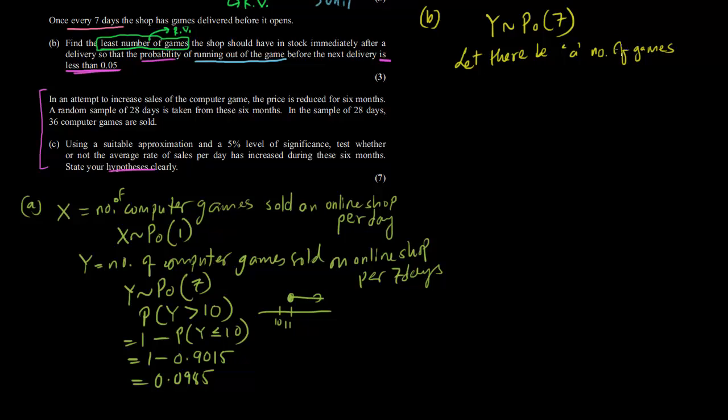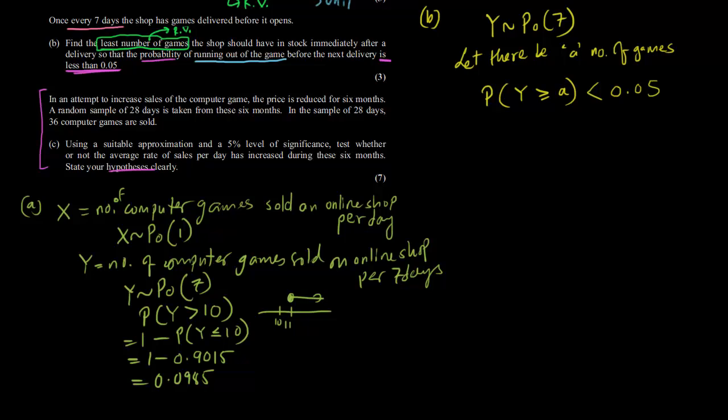At least means greater than or equal to, otherwise they will run out. So the probability that they would not run out, meaning the probability of Y is greater than or equal to a, that probability is usually equal to some value, but this time it is less than some value. So that probability itself is less than 0.05. Now that's a bit strange. Probability and inequality. But let us continue.